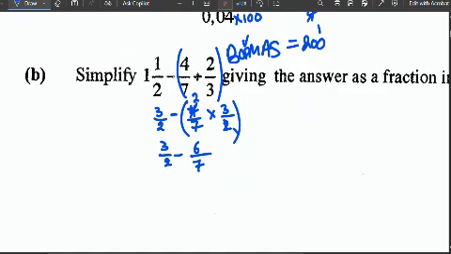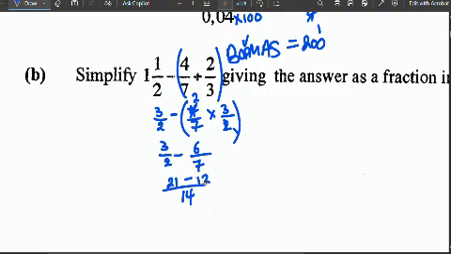Now we can subtract. The common denominator of 2 and 7, that's 14. 2 into 14, that's 7. And you multiply 7 by 3 to get 21, minus 7 into 14, 2. 2 times 6, that's 12.